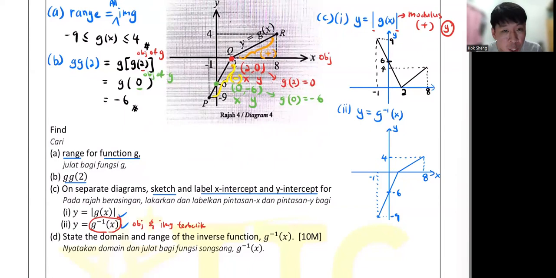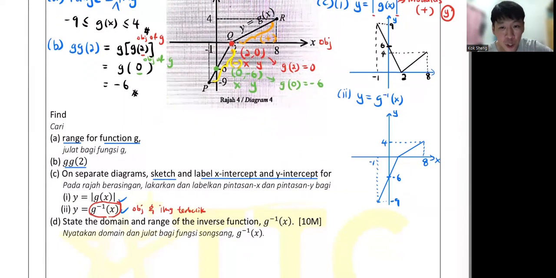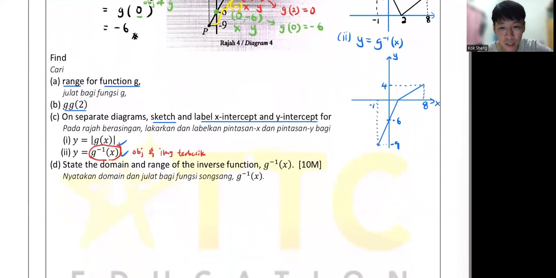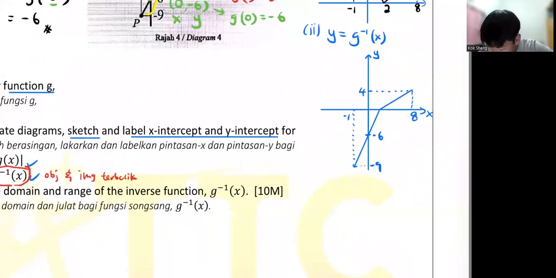Copy back the original graph, just make it almost the same. But I think my graph is a bit saggy. Okay, it's okay. Now we can draw the inverse. Draw the line y equals x, then we can go for the reflection.